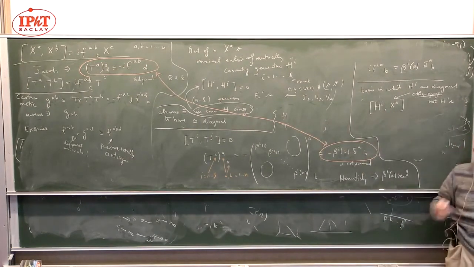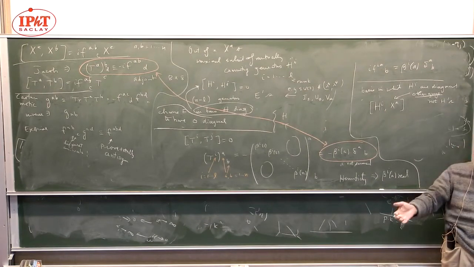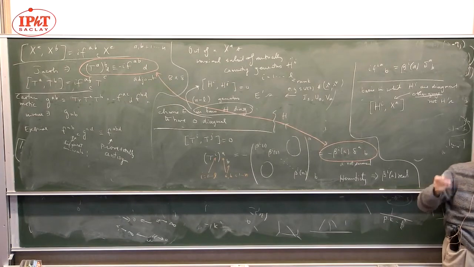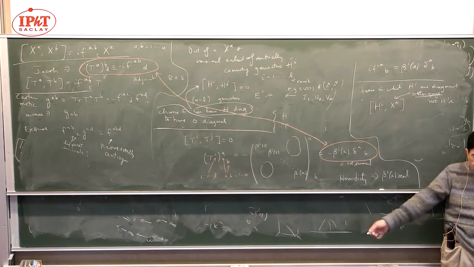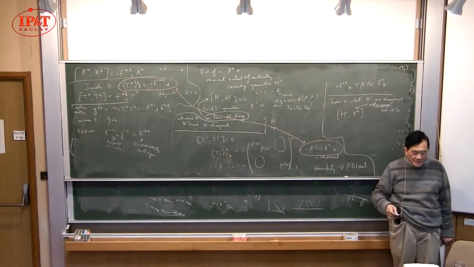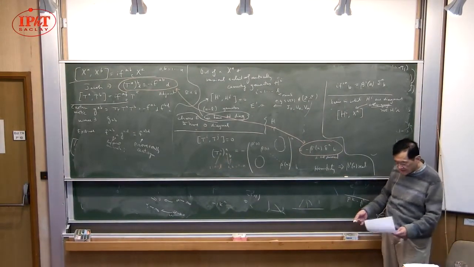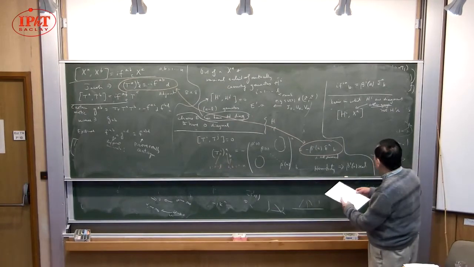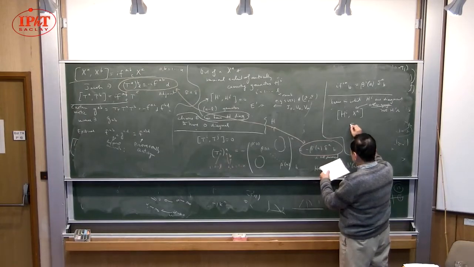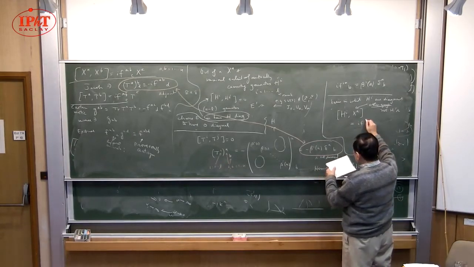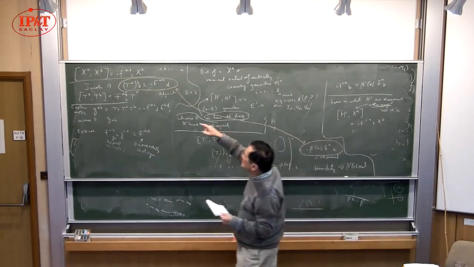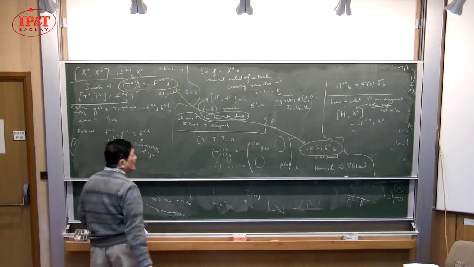The X's are like in the SO3 algebra, the rotation algebra, if HI is just J3, the J around the Z direction, these other guys are J plus and J minus, the raising and lowering operators. So we can write this as i f IAB XB. That's from the definition of the Lie algebra, right?